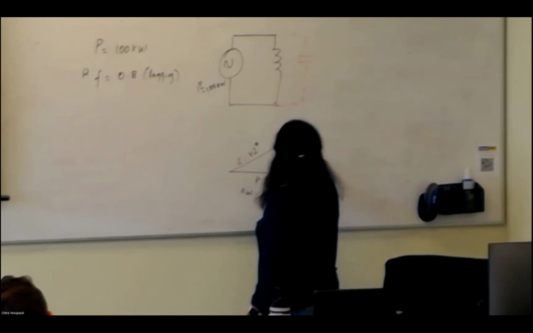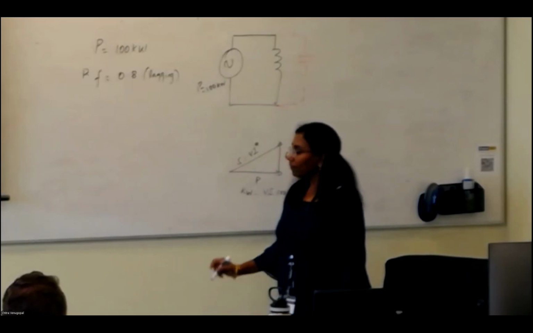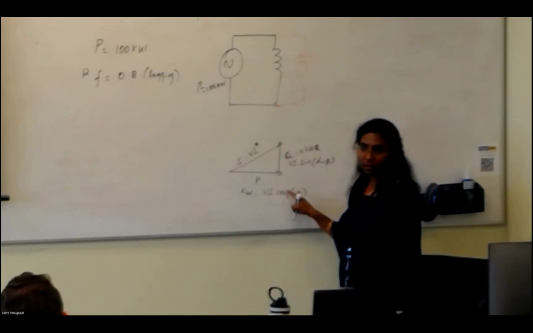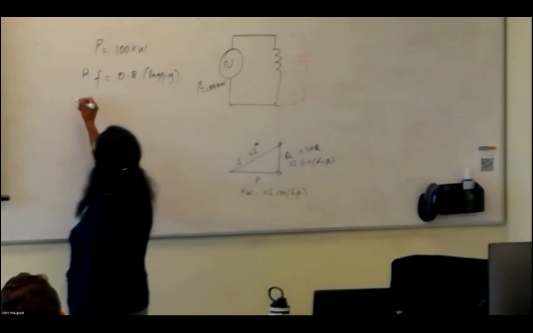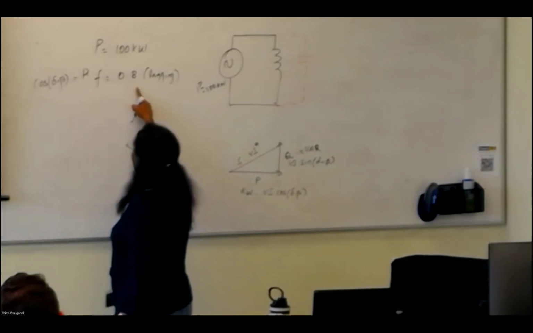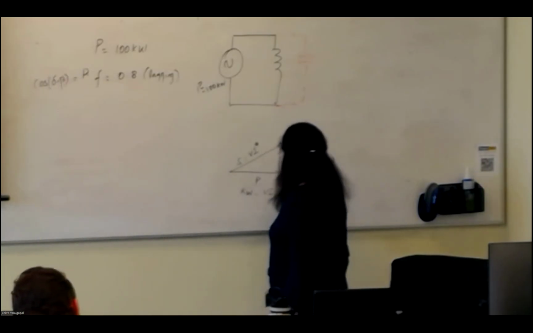This is V I kVAR, V I sin(δ minus β). Okay. So now what is power factor? Power factor is cos of the angle. Okay. So cos(δ minus β). So power factor is cos(δ minus β). So you have this factor here.